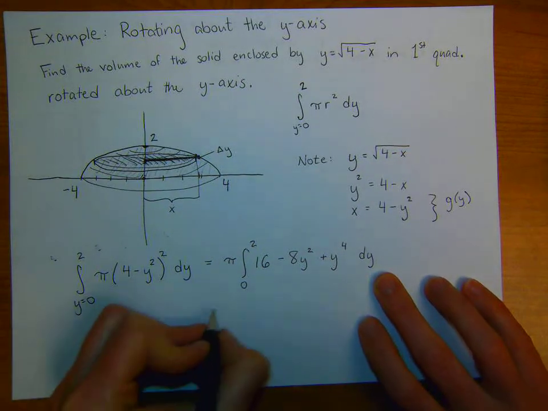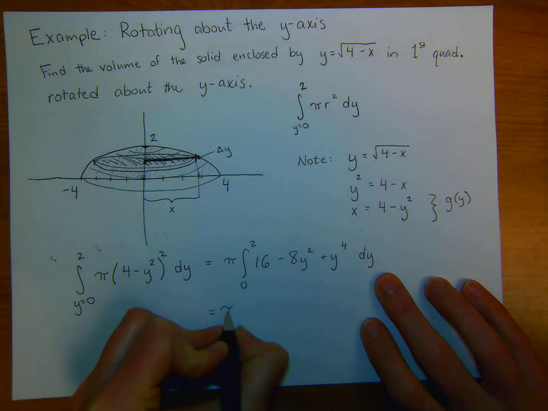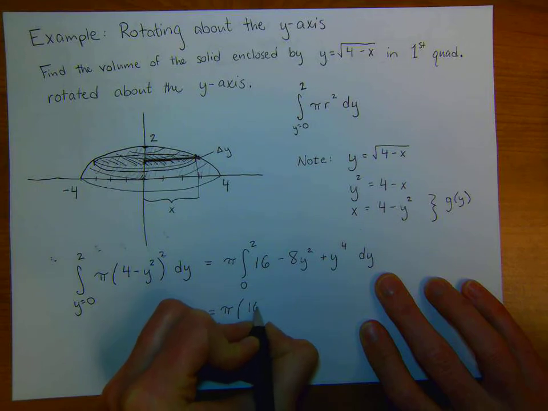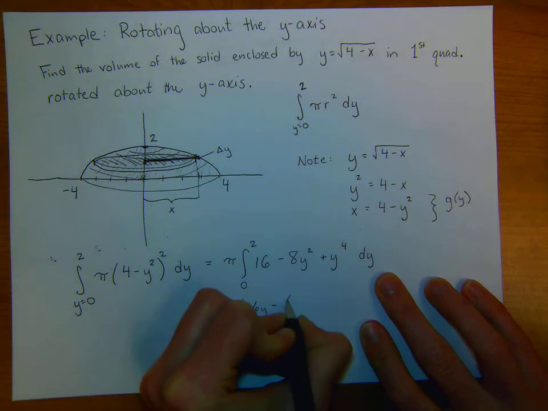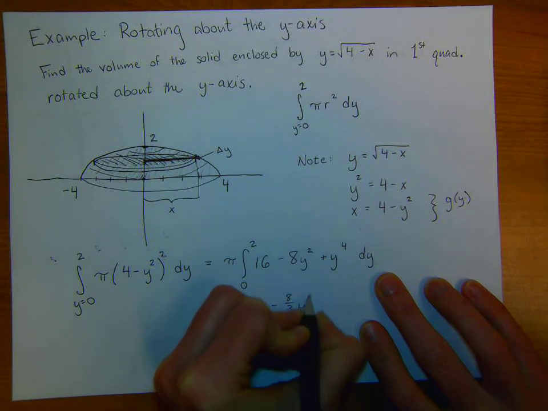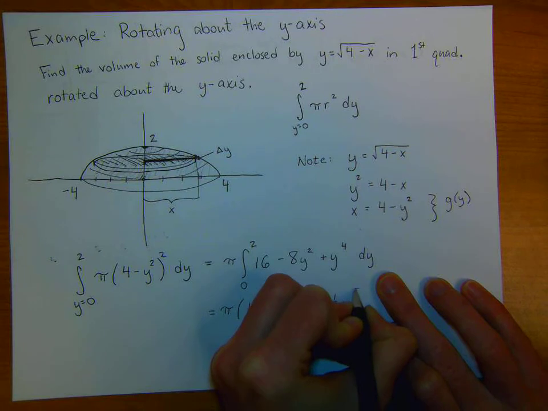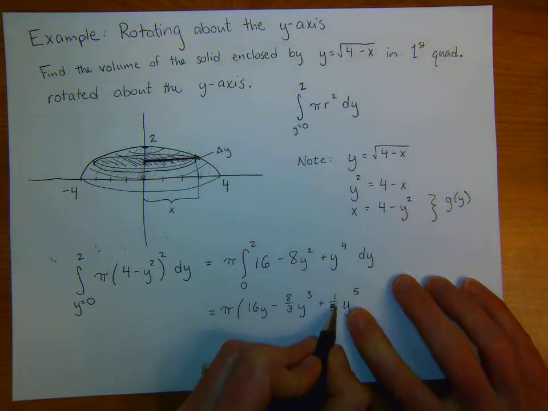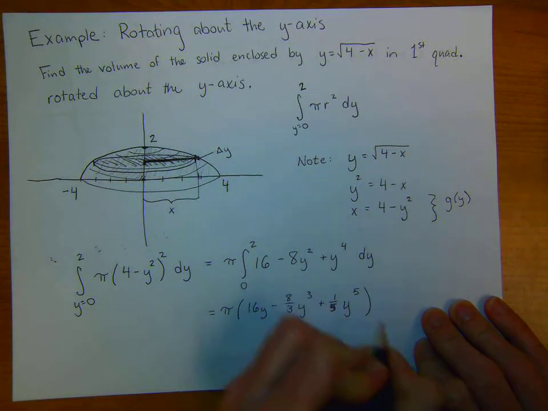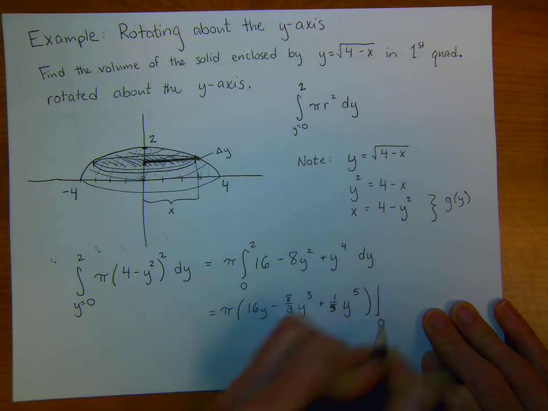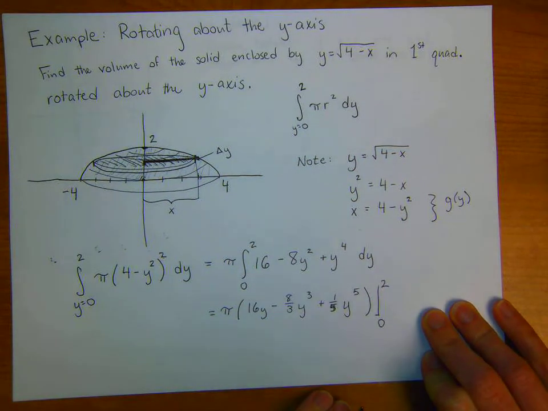Let's go ahead and integrate. The pi stays out front. I end up with 16y minus 8/3 y cubed plus 1/5 y to the 5th. I'm raising the power and multiplying by the reciprocal. And I'm going to evaluate that from y equals 0 to y equals 2.